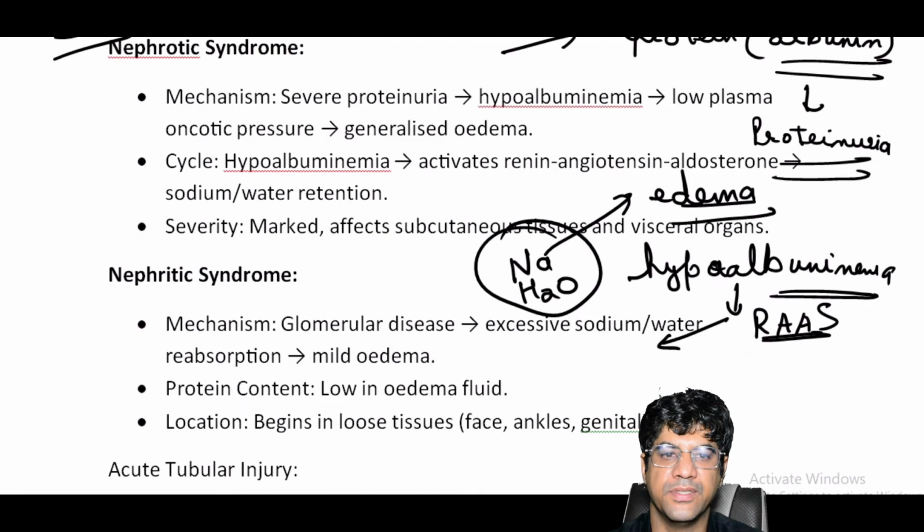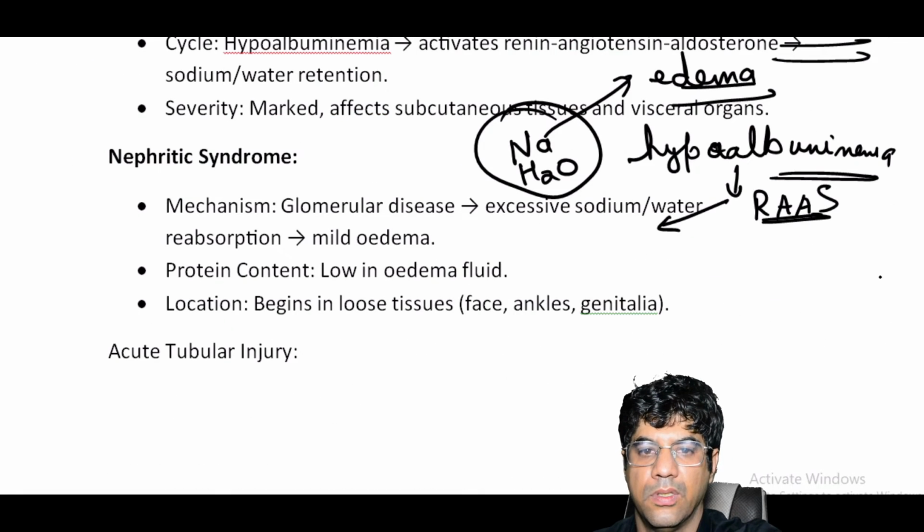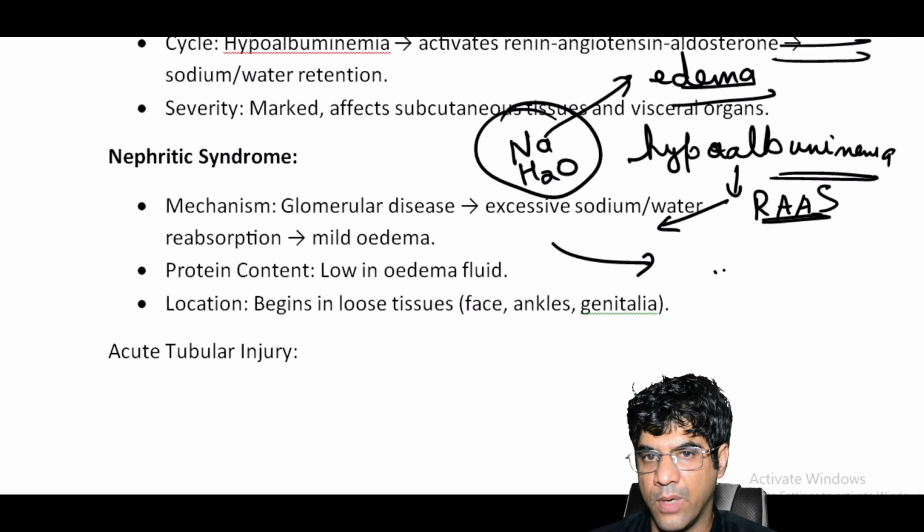Apart from that, you could see edema in the nephritic syndrome. This cause of edema occurs in disease where there is wide inflammation of the glomeruli. Unlike nephrotic, the edema is not due to low protein in the blood.